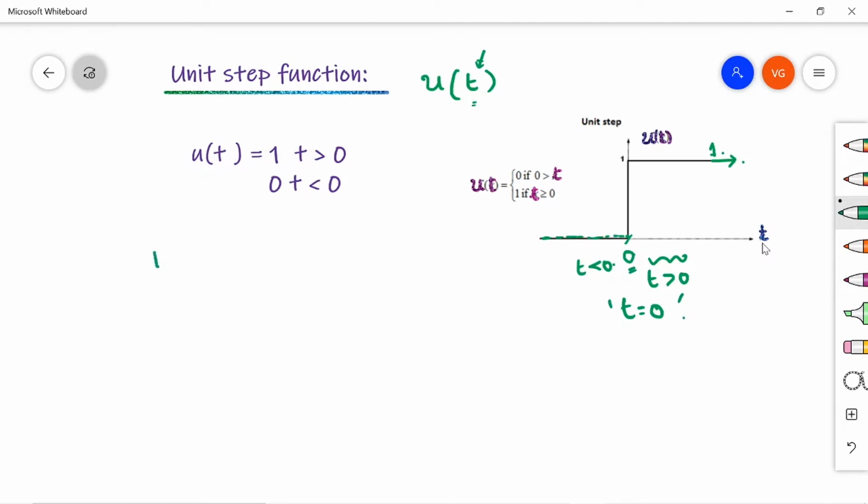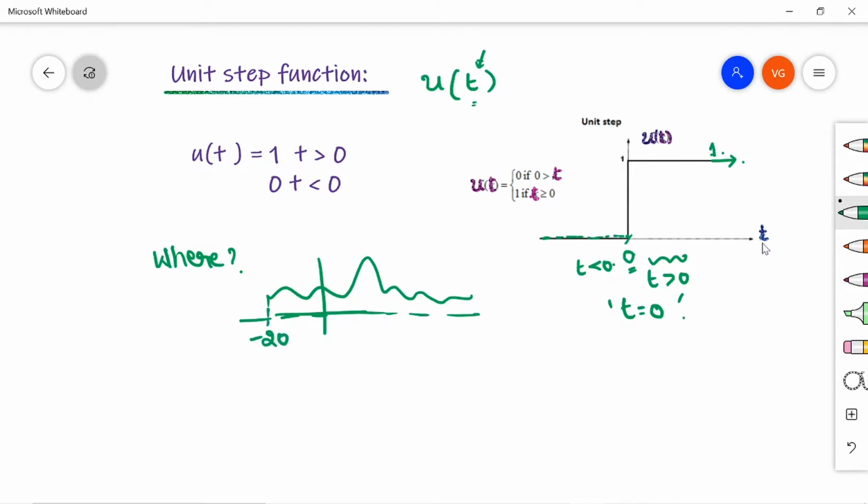So, where do we use this type of unit step function? Suppose say I have some signal that is extended from somewhere to somewhere. Suppose say it is extended on the time scale from -20 to -40. Right? So, this is some signal. Let us call this as x of t.